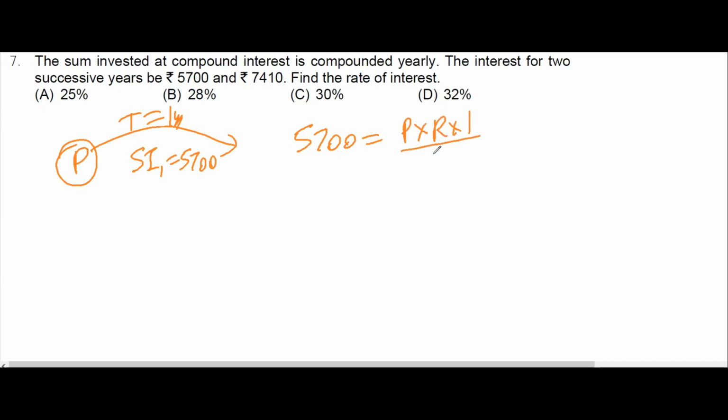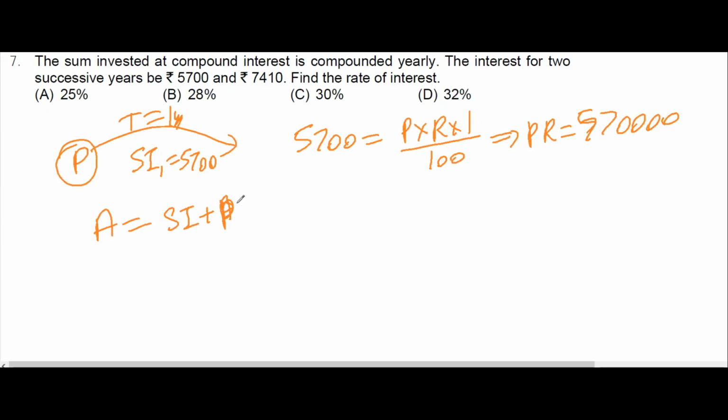upon 100, where T is 1. So when I solve this, I will get PR is equal to 570000. Next, the amount will be what? Amount will be simple interest plus your principal.